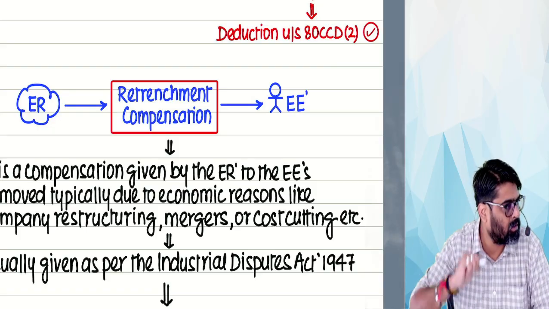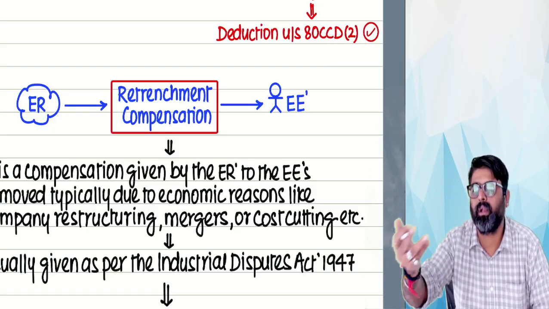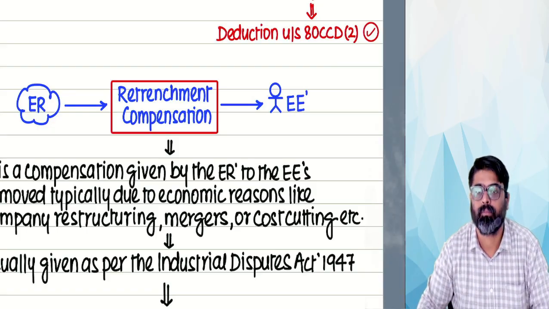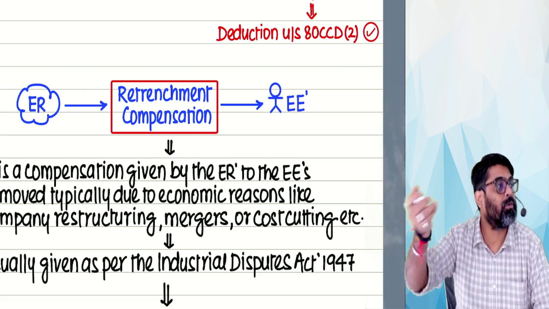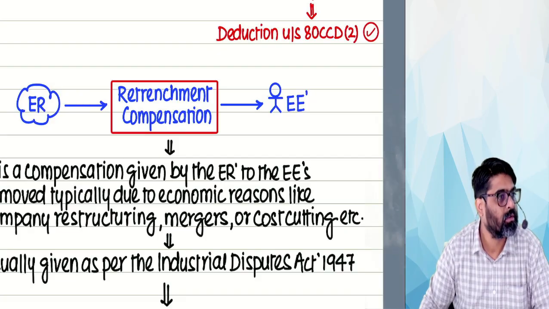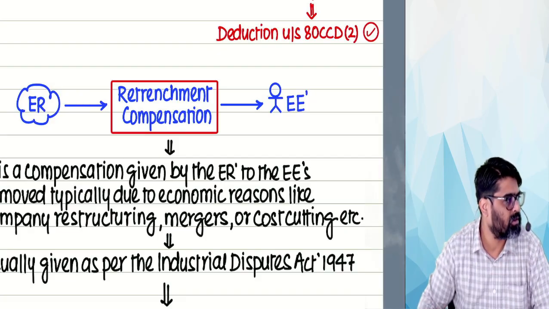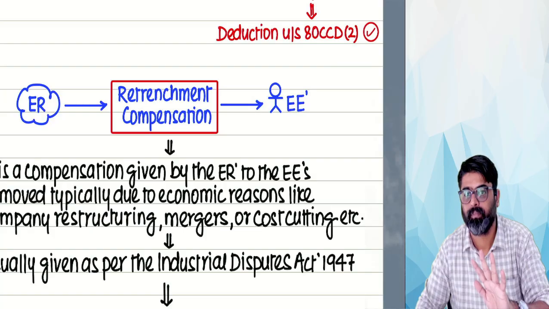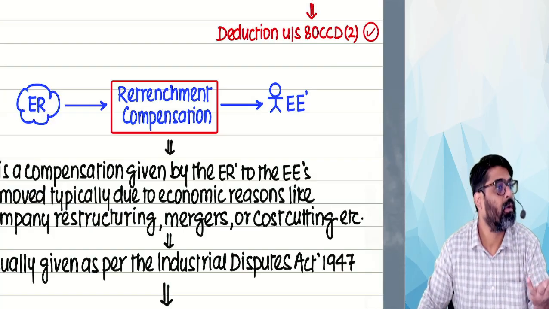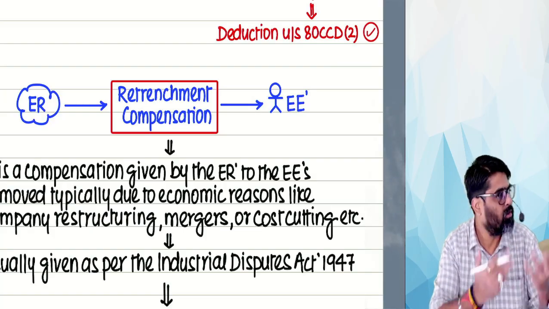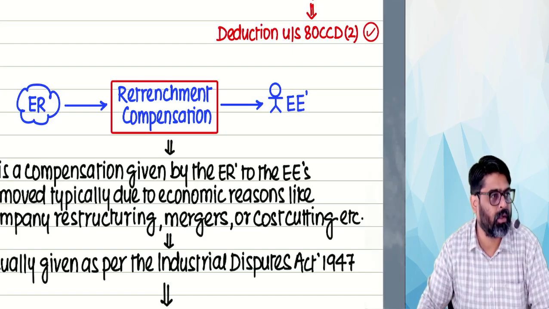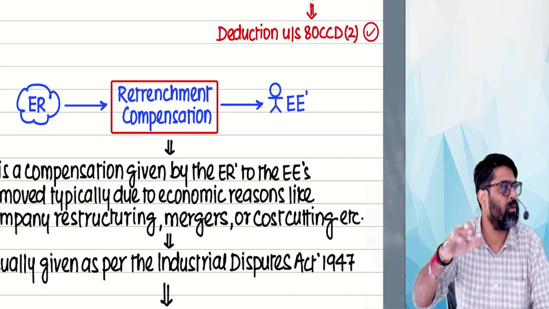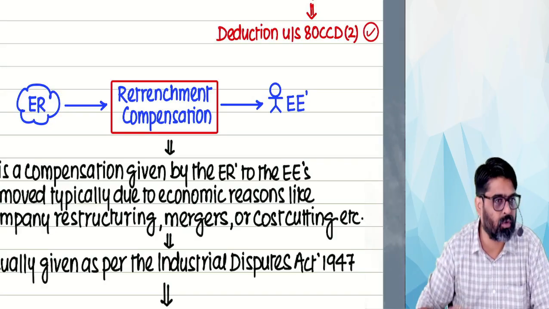What will this poor fellow do, how will he run his household? Yes or no? And at this particular age, he is not going to get employment with another organization very soon. So give him a fair compensation. See, cost cutting, doing the business in your own way is your right. You can do it. But while doing it, if you are retrenching a few employees, we should take care of those employees also. The government should take care of those employees also.